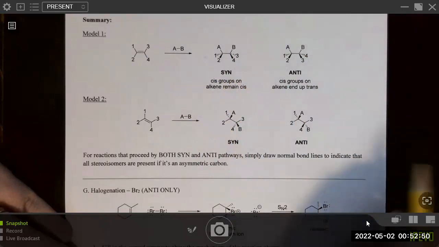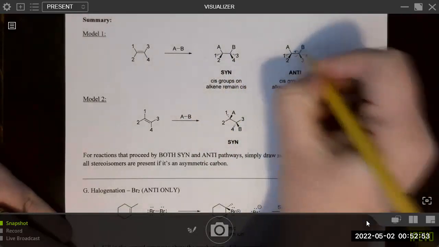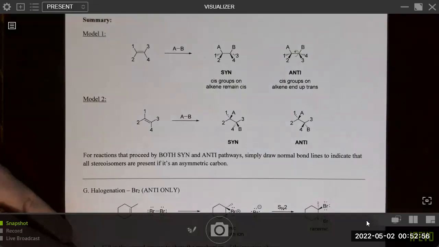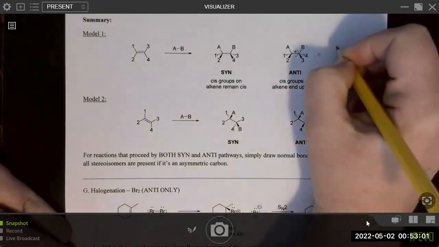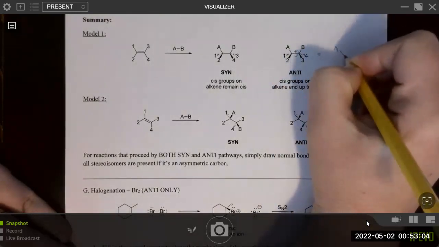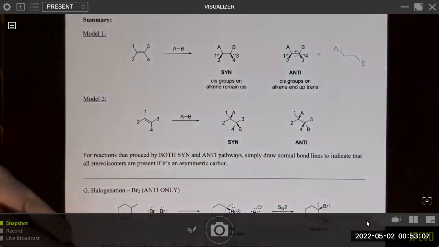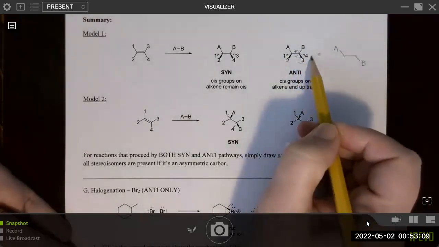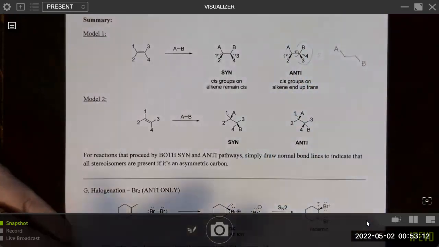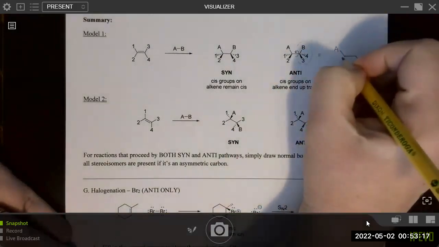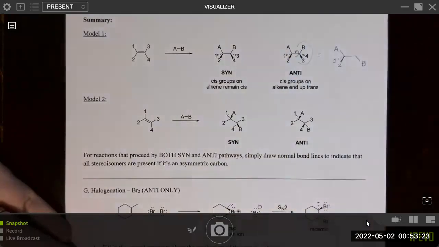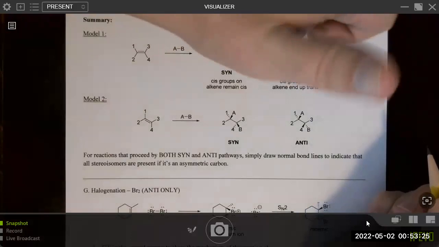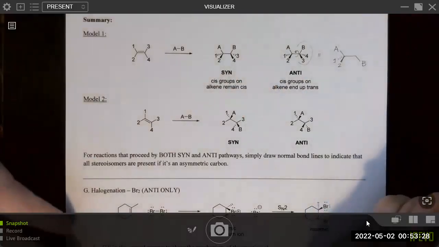Right? So we always want to remember that we have free rotation about single bonds. For example, this carbon-carbon bond could do a free rotation, and you could have A and B opposite one another by just thinking of taking this whole group and flipping it over like a pancake, so rotating it 180 degrees. So when we do that, the groups 1 and 2 at the first carbon stay the same, but if we take something that's coming out at you and you flip it over, it's going to be pointed back.